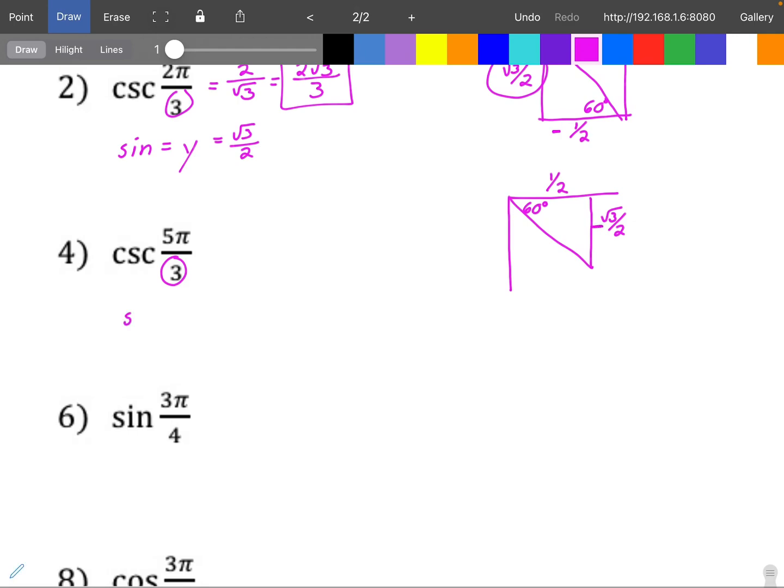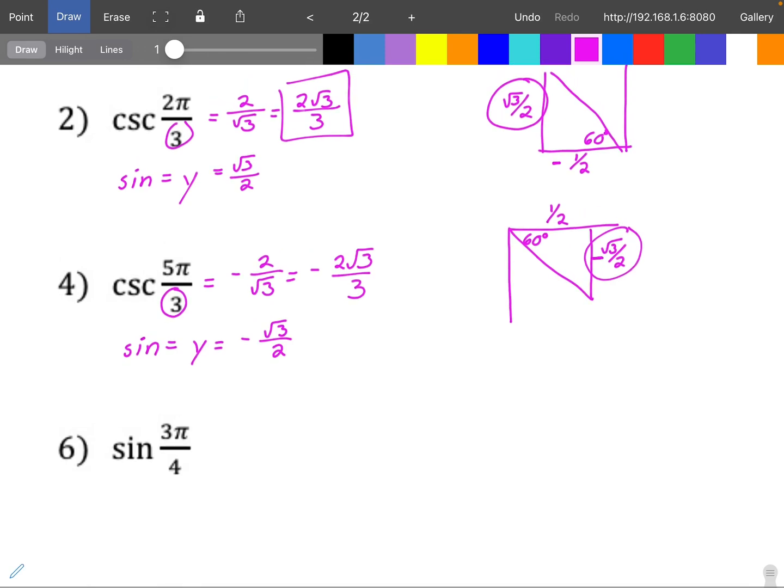Cosecant is the reciprocal of sine. Sine is y, and our y value is negative square root of 3 over 2. So the reciprocal would be negative 2 over square root of 3. Rationalized is negative 2 square root of 3 over 3. So basically the same thing as in number 2, except we have a negative this time.